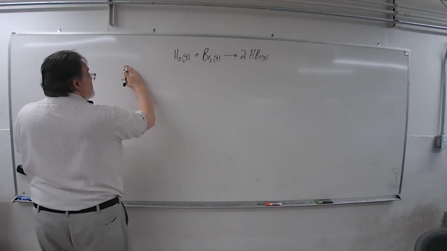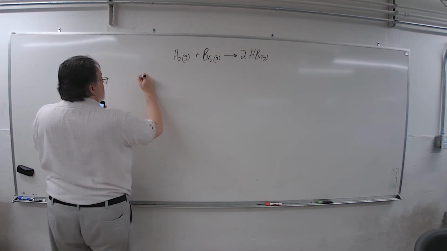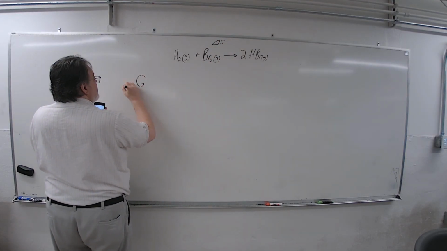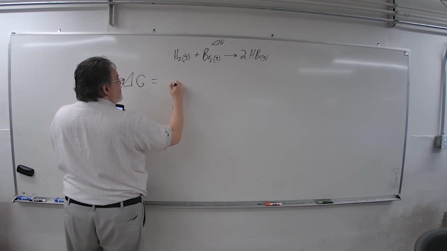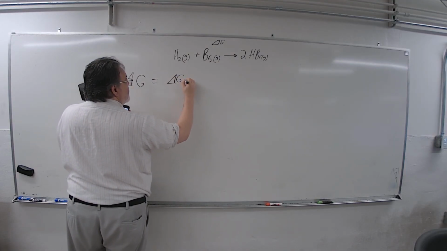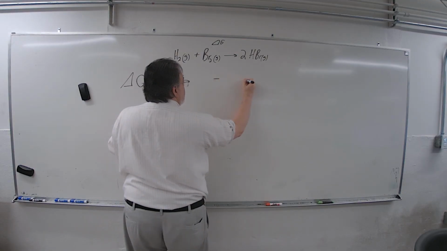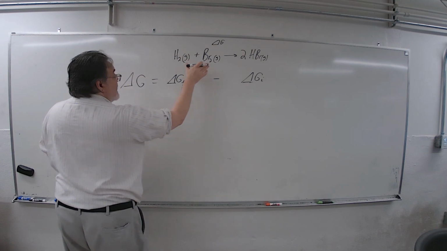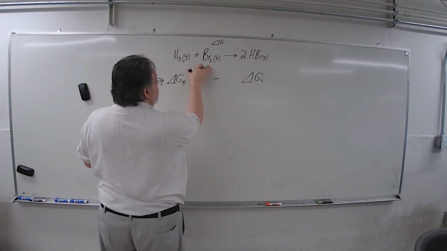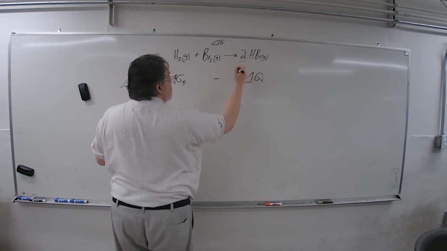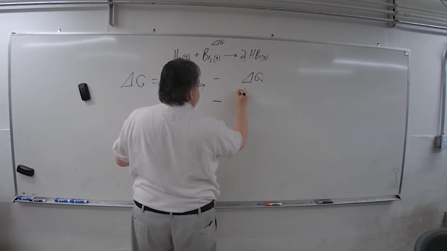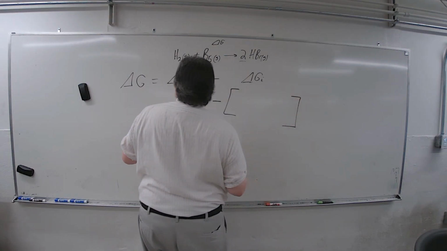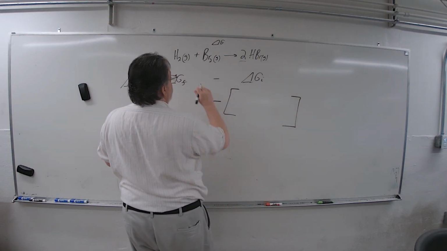So for this one, I've got these two. So this one's looking for delta G. You're going to have delta G equals delta G initial. But you've got two of these for your initial and one for the final, and you've got a 2 here. So I'm going to go minus. So my final minus initial.